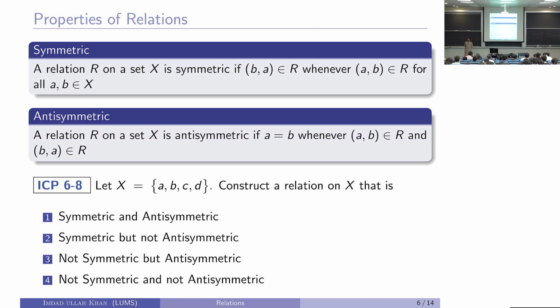Now, can you come up with a relation which is not antisymmetric? AA, that is not antisymmetric. Yes, AB, but we already said that, so do CD and also include DC. Now that breaks antisymmetry.